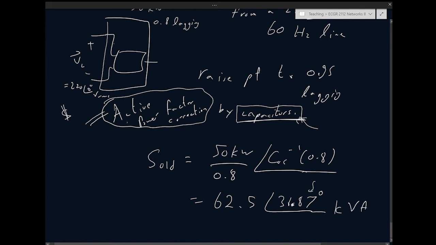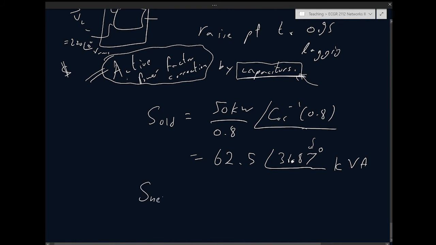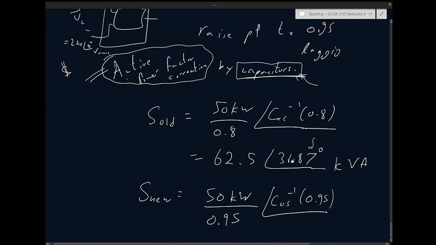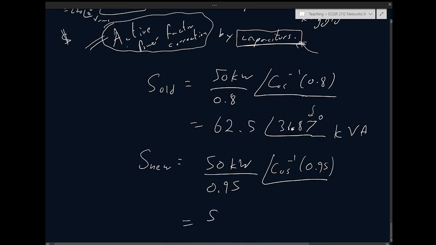And then S nu is the S due to the improved power factor. So now I divide by 0.95 and I take the power factor angle to be cosine inverse 0.95, and the S nu is 52.63 at 18.19 degrees kVA.